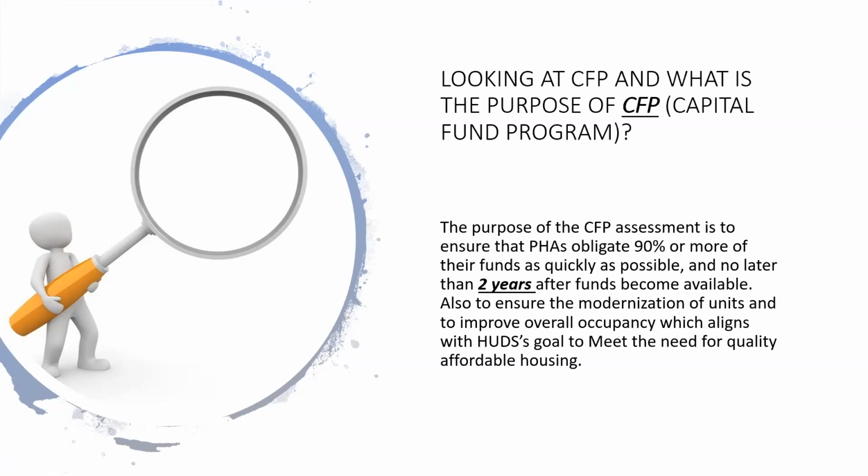Because if they're going to give you 14 days notice for an inspection and you're waiting until the end, chances are you're not going to get those units fixed in time for the inspection. So this is really about drawing down the funds in a timely manner, getting the units ready and keeping them maintained at all times, not just getting them ready for an inspection.